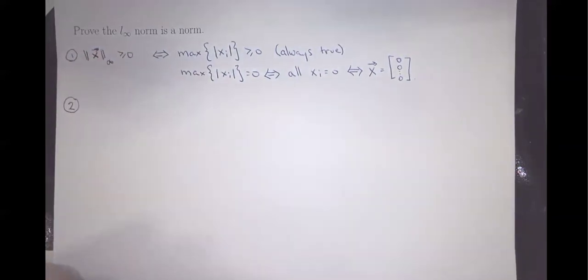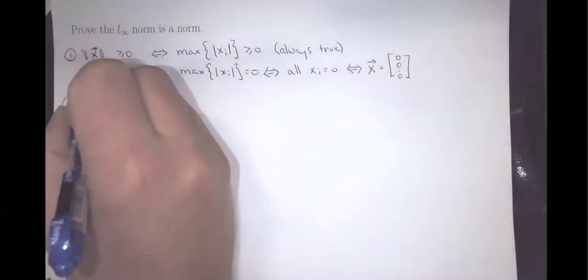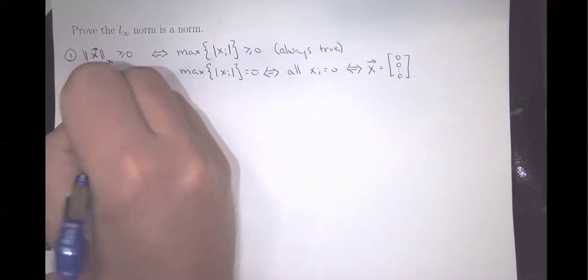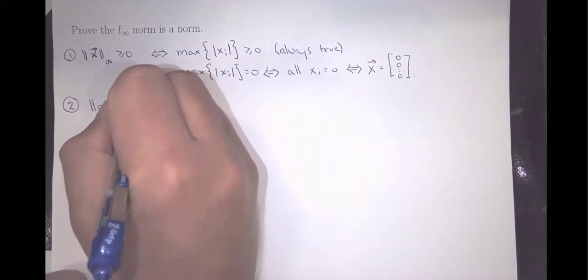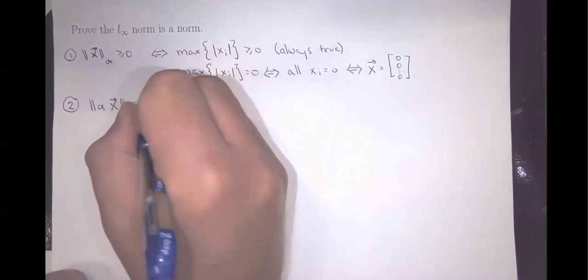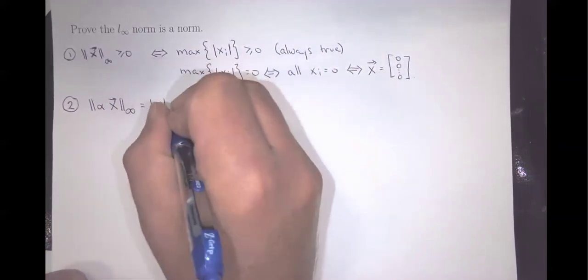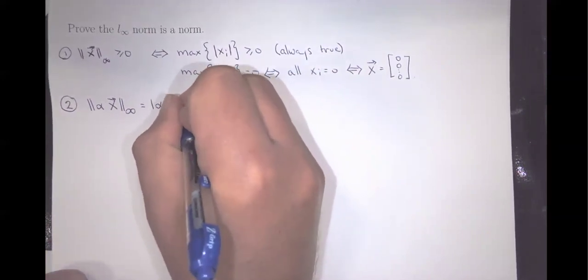Next, absolute homogeneity. We need to show that the infinity norm of alpha times some vector x is equal to the absolute value of alpha times the norm of vector x.